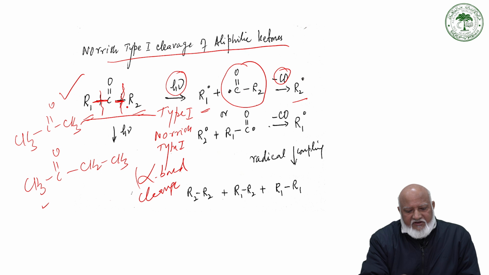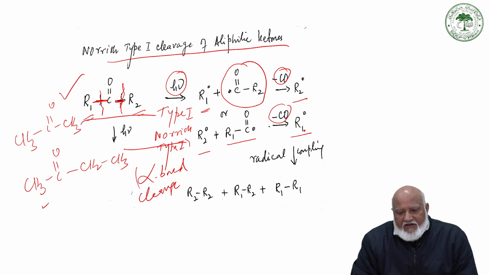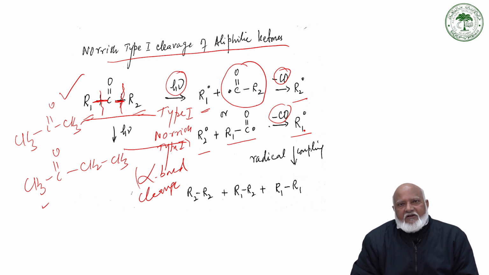If the other bond cleaves, then we have R2 dot, and then the R2 CO radical undergoes decarbonylation to give you R1. So essentially aliphatic carbonyl compounds can undergo alpha bond cleavage to give you an acyl radical and an alkyl radical. The acyl radical undergoes very fast decarbonylation to give you once again an alkyl radical.